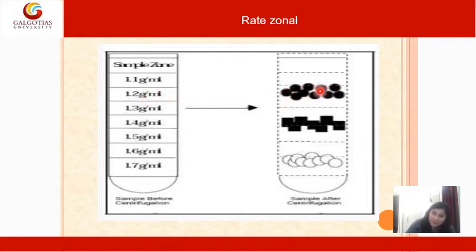These round black particles will stay in this zone only, whereas the heavier or larger density particles will move downwards and stay in the zone where it matches the density of the solution. In this way, we will get the mixture separated on the basis of their different density at different zones of solution.